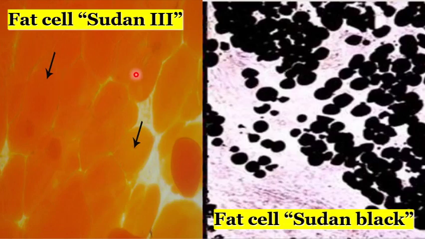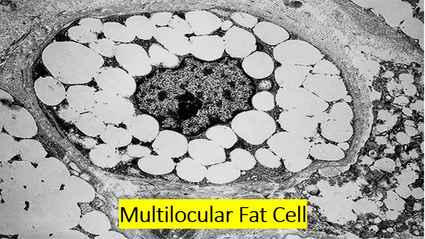Special stain of fat may be Sudan 3, which appears orange in color, or Sudan black, which appears black in color. The electron microscope of multilocular fat appears like that.